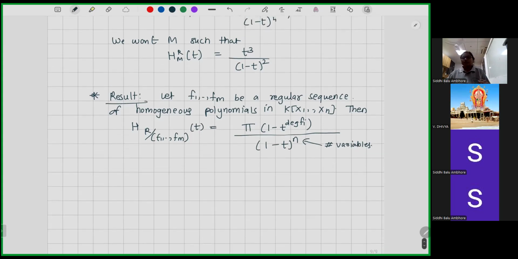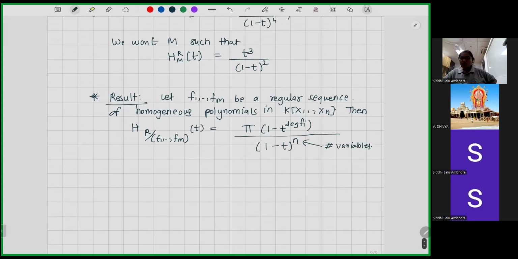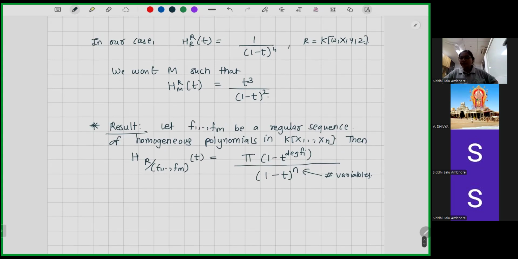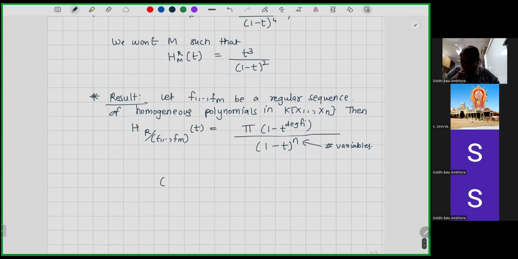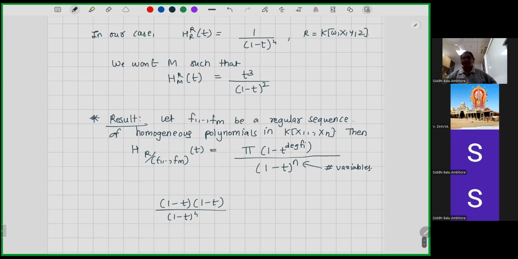So if I want to go from this t power 4 to t power 2 here, where the factor is 1 minus t power degree Fi, and I am able to obtain this expression, then at least I will get the denominator as (1 - t) whole square.